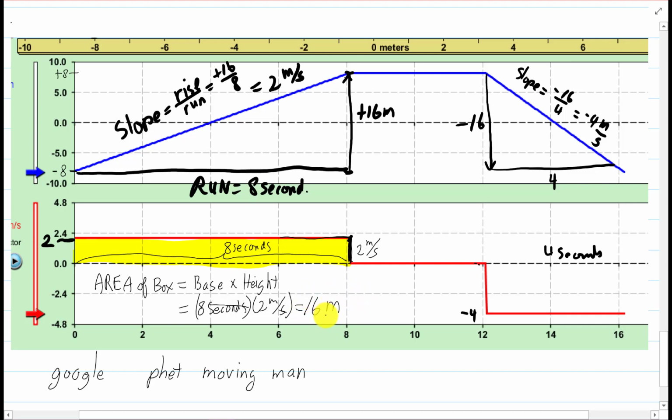What is 16 meters? During that 8 seconds, 16 meters is how much it rises here. And how much it rises there is its change in position. Let's see if that holds true over here. We'll do this green box over here.